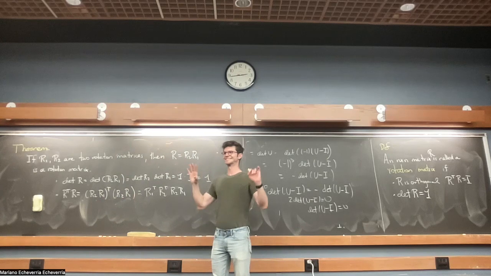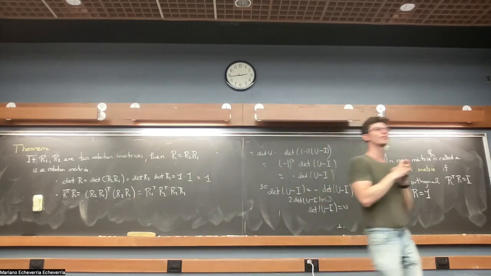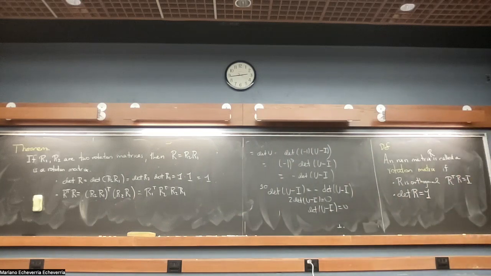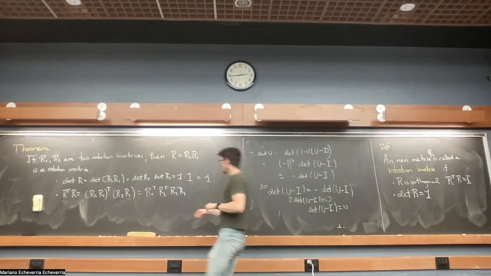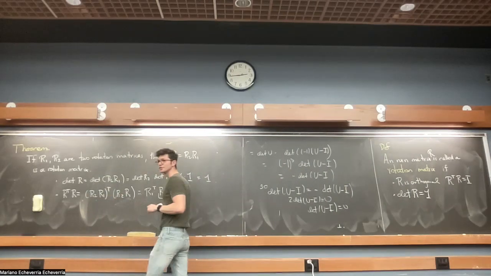So far, so good. And now what can you say? There's an obvious simplification, hopefully, that happens now. Is there anything we can simplify using the fact that R1 and R2 are rotation matrices? R2 transpose times R2 is just identity. Right, the one in the middle is just identity because this is a rotation matrix.